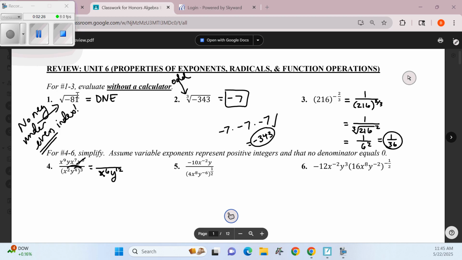In the numerator, I still have x to the 9th, y times x to the 7th. Now, since I've got 2 bases up in the numerator with x's, I'm going to add those exponents. So I have x to the 16th times y in the numerator. I have x to the 6th, y to the 12th in the denominator.